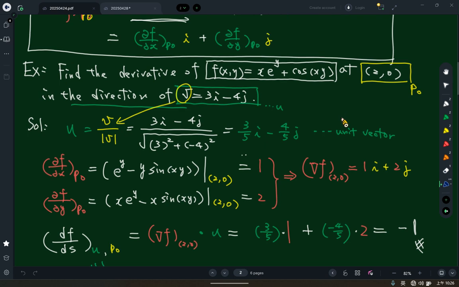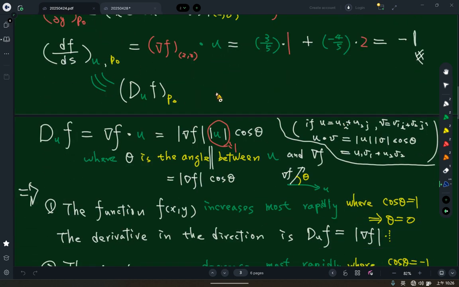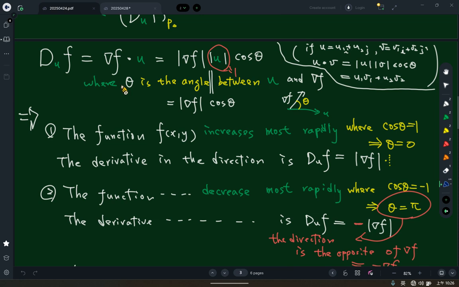Then I just give you an example. For this part, we try to think about it. If I give you the function, I give you the surface, z is equal to f of x, y, and I also give you some start point, which direction can make the function increase most rapidly, right?